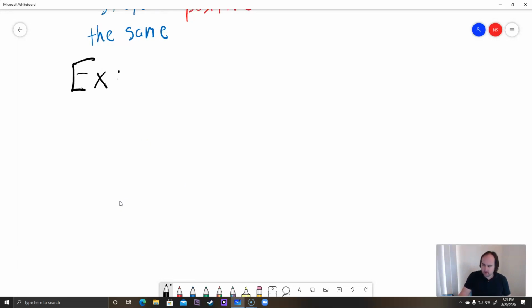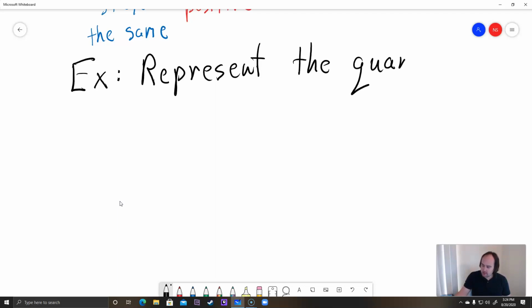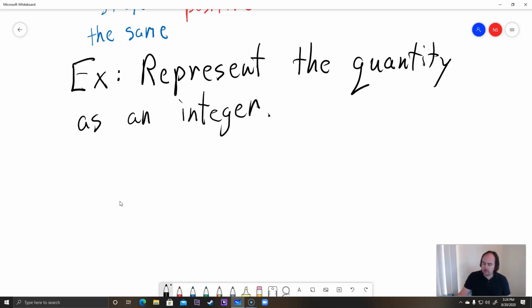These are real-world examples of integers, and the instructions here are: represent the quantity as an integer. These are word problems, but they're very simple, so hopefully they won't be that difficult. I'll do a couple of these.